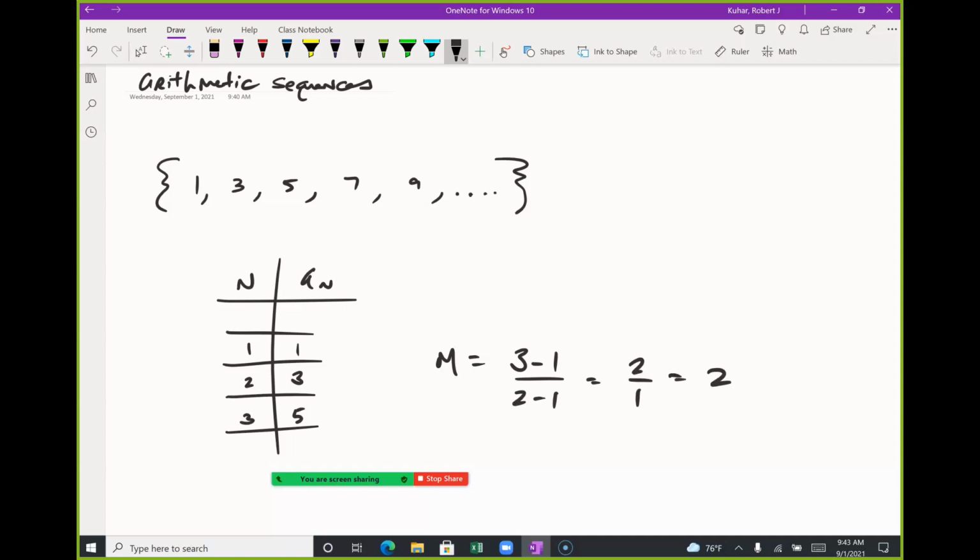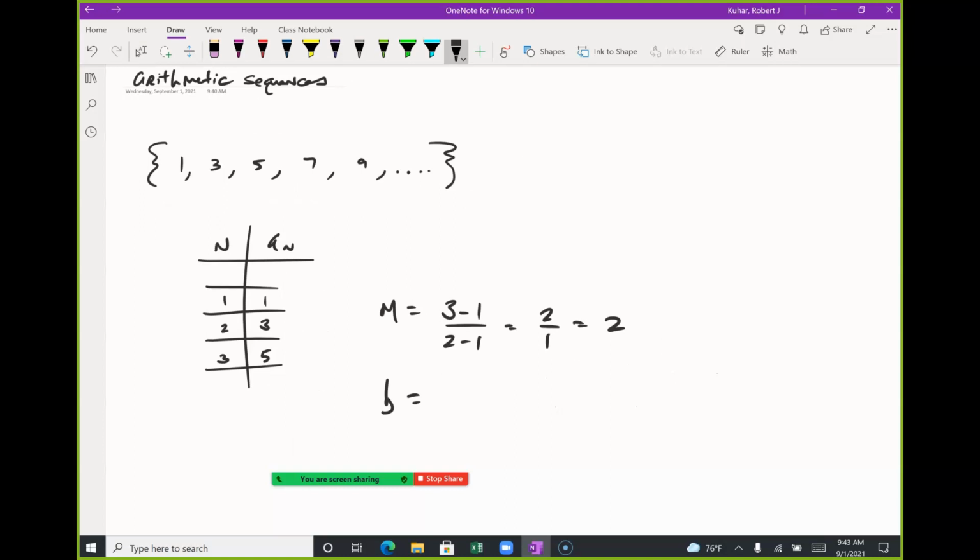No matter what 2 points I picked, if it's an arithmetic sequence, I'm going to get the same slope out of it. And then who can tell me what the b value is? Negative 1. Minus 1, right? So remember the b value is the y-intercept. It's when the x is 0, right?